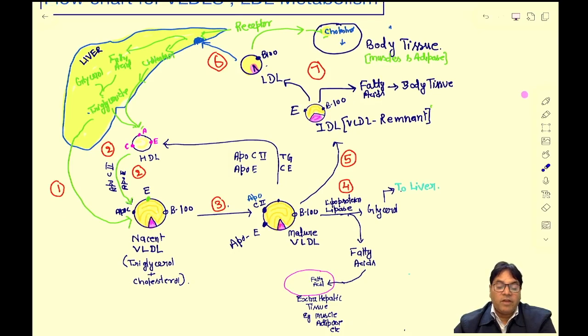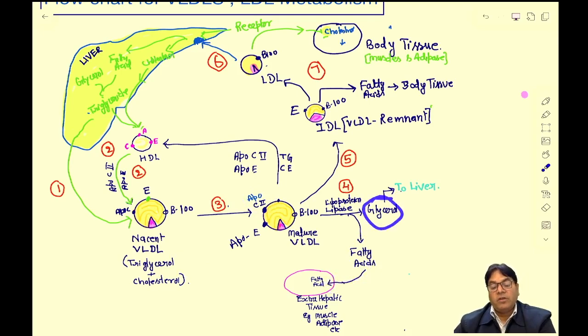When this VLDL goes to the adipose tissue, the ApoC second activates the lipoprotein lipase enzyme, which eventually converts the triglycerides and cholesterol of the VLDL into glycerol as well as fatty acid. These fatty acids enter into the tissue and are further metabolized.